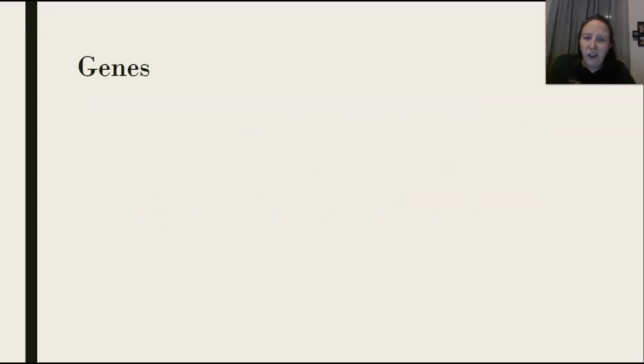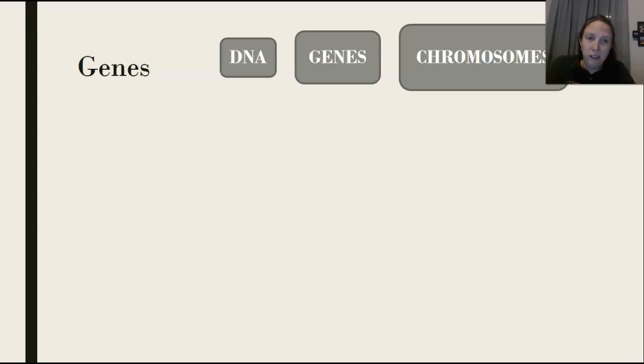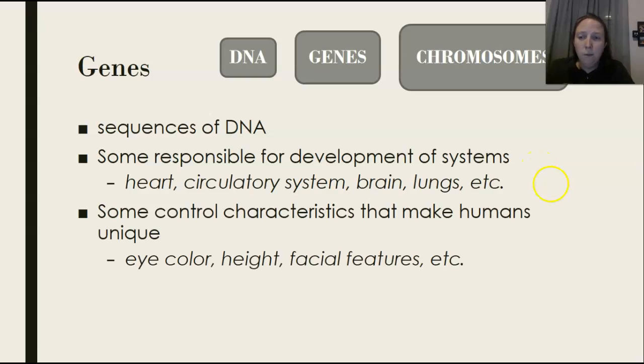Okay, so let's talk specifically about genes and DNA, genes and chromosomes, and what's the difference and what do they all do. So genes are actually small sequences or combinations of DNA. Some are responsible for the development of our systems, like our heart, circulatory systems, and so on, but some control characteristics that make humans unique, such as our eye color, height, facial features, etc. If it helps you to jot this down with your little boxes here, here's an analogy that maybe will help you picture the difference.